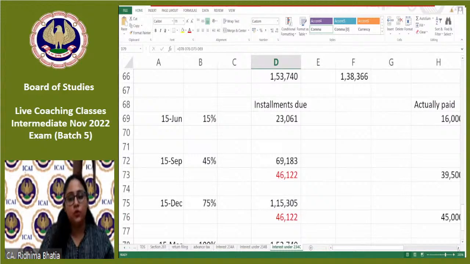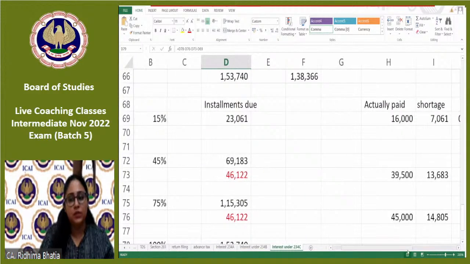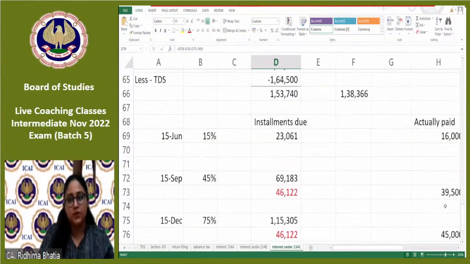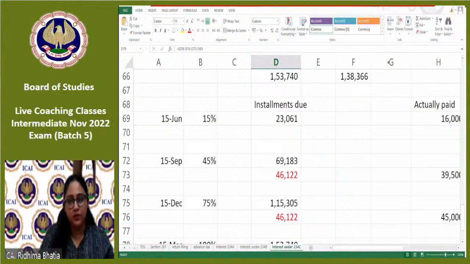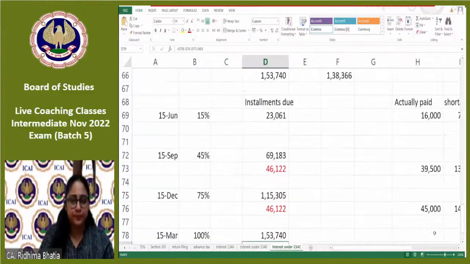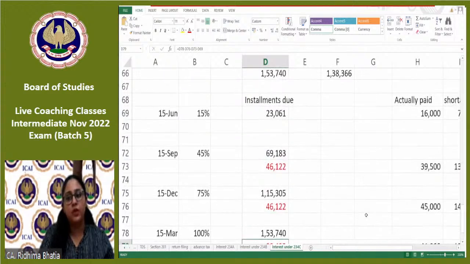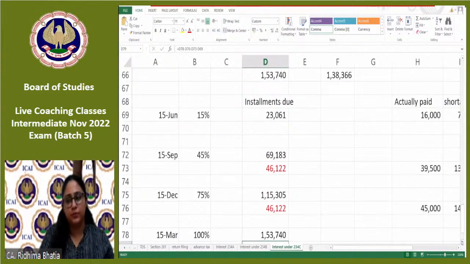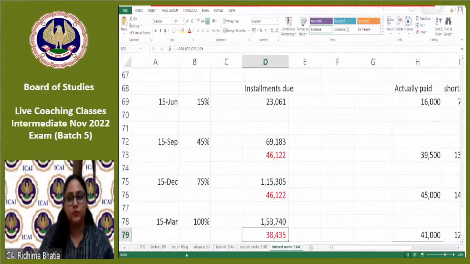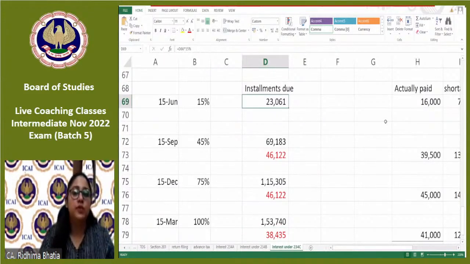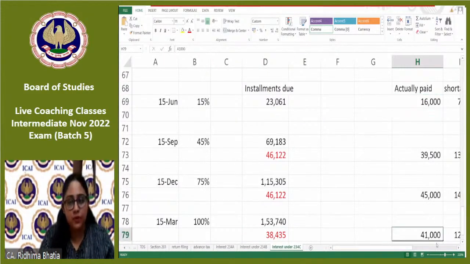Okay, now these are the actual payments: 16,000, 39,500, 45,000, and 41,000. Okay, these are the should-be case, and these are the actual payment.